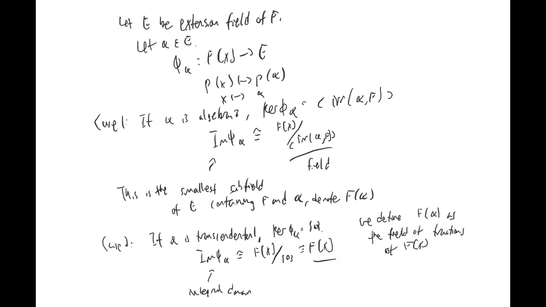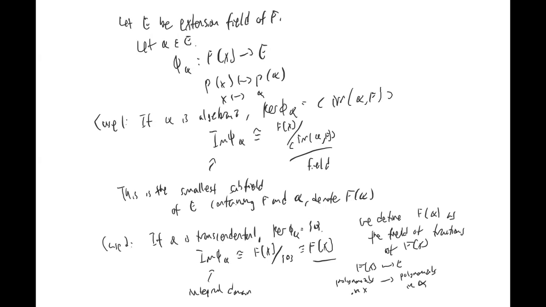And you sort of know how this looks, right? If there's no kernel, what does this map do? I'm sending polynomials in x, and then I evaluate that, so I get polynomials in alpha in the transcendental case.